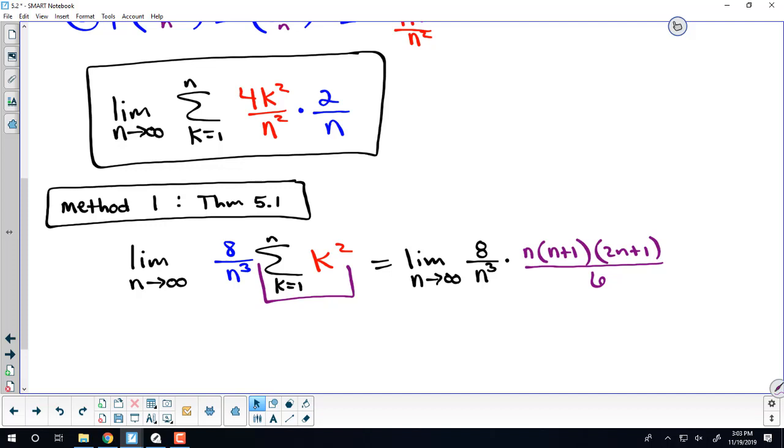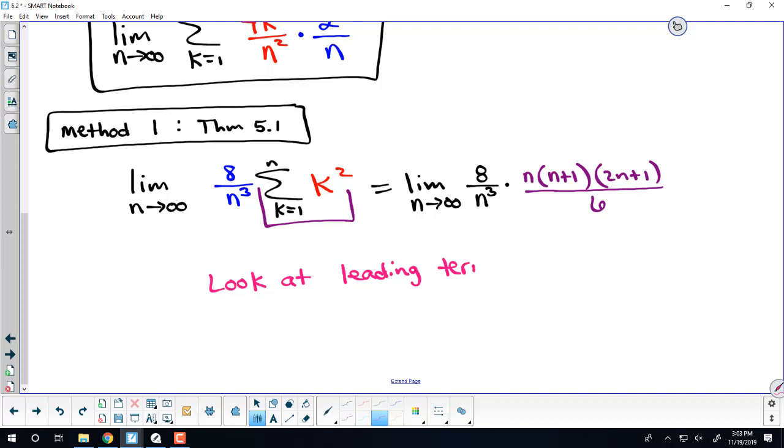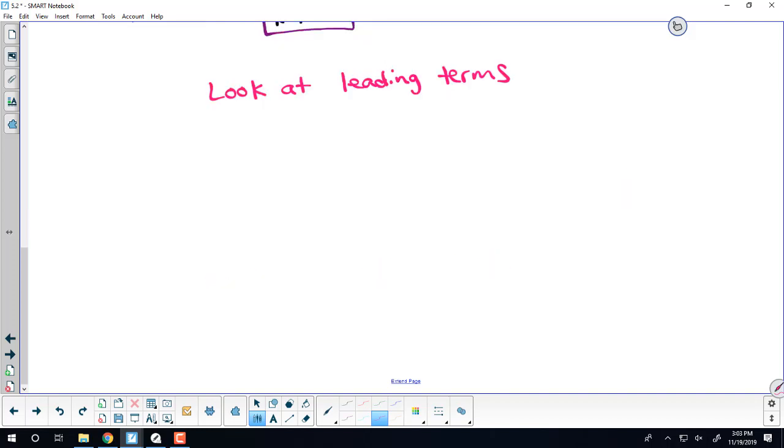So we could multiply all of this stuff out, but limits at infinity dictate that really all we have to do is look at the leading term of the numerator and the leading term of the denominator. So let's just write it out that way to evaluate that limit.